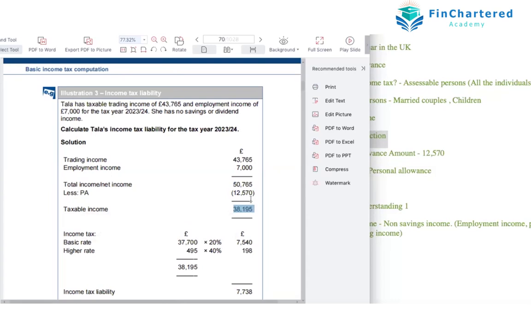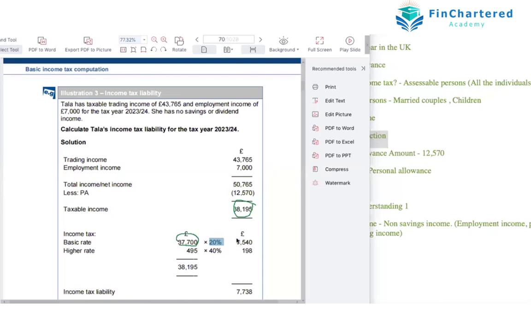So you simply deduct 12,570 to get the taxable income as 38,195. Basic rate, again, up to 37,700, you pay 20% in taxes to the government. So you will pay 7,540. And anything above that, look at this, Pooja, out of 38,195, Tala has already paid tax for 37,700.